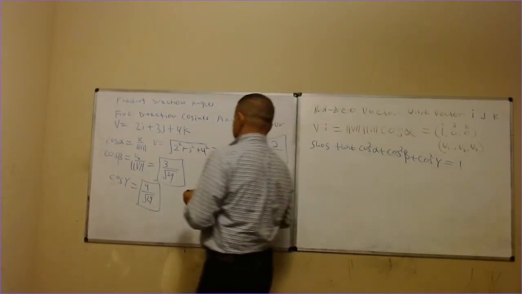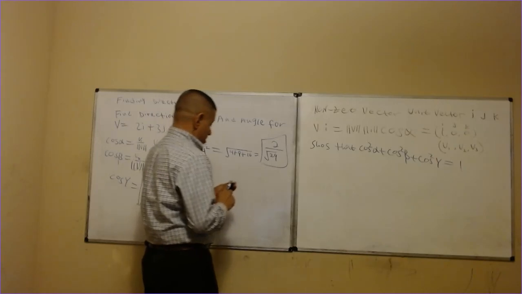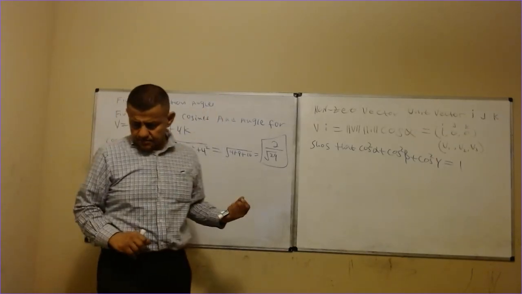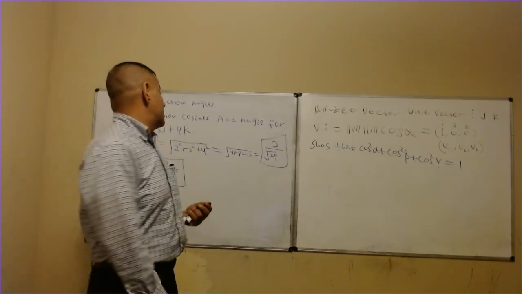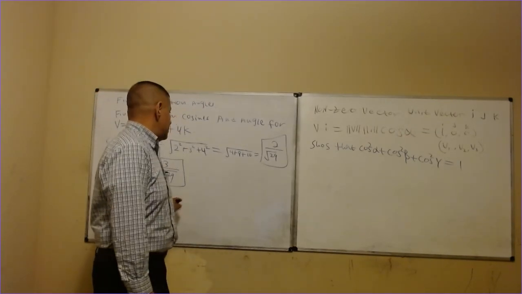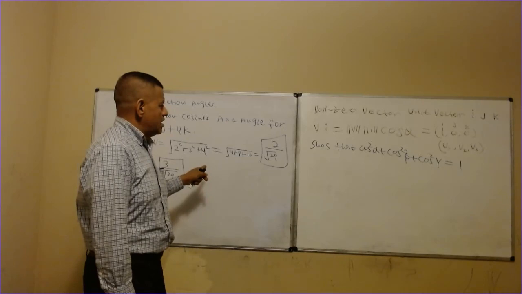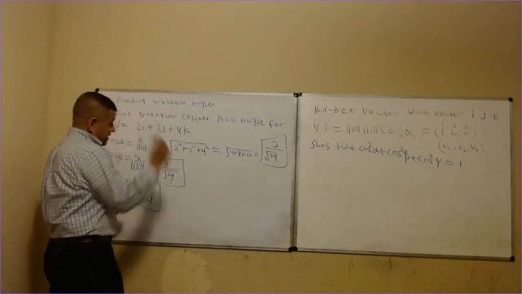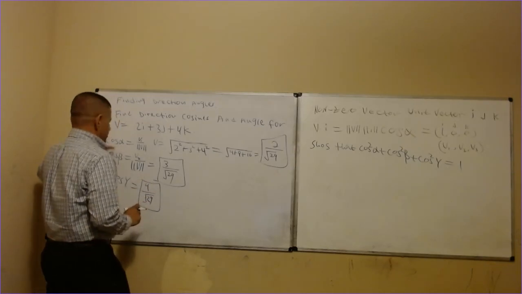Right? They want us to show that. So now we found the cosines, right? Now we need to find the angles of every single one of them, right? So how do we do that?